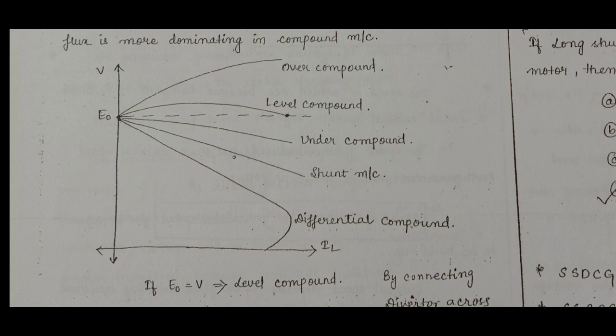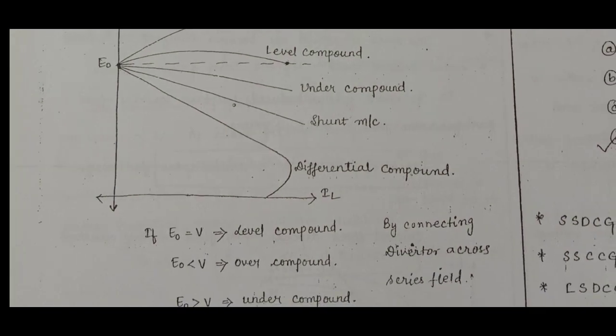Over compound means PHI sh plus PHI se. In an over compound, the generated EMF is greater than the terminal voltage.